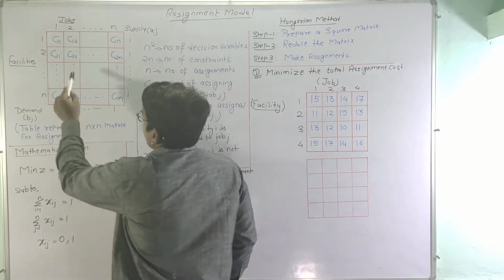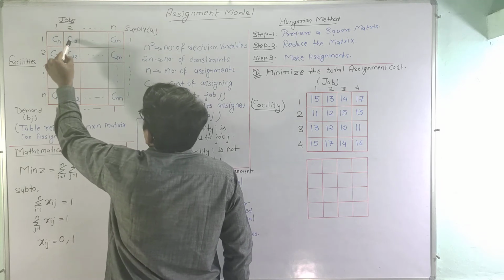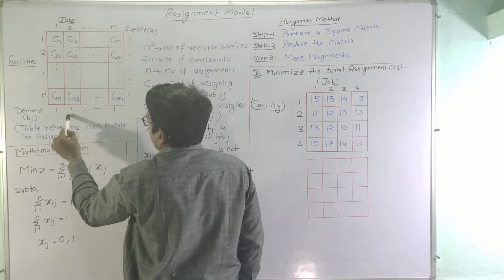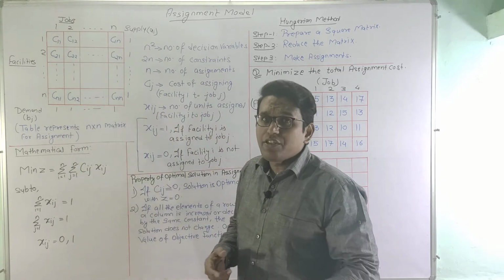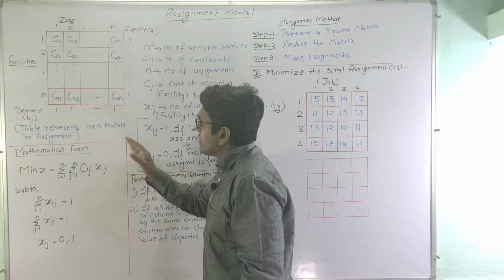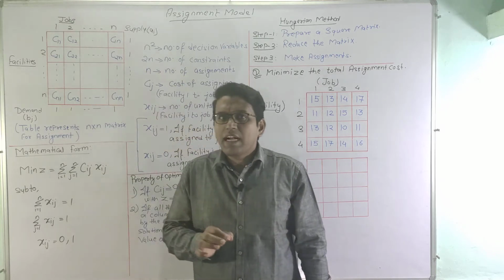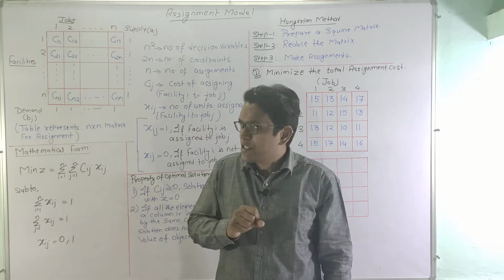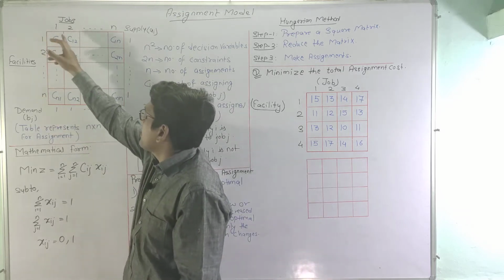So here every time we allocate in any cell, it fulfills the supply as well as demand, which leads to degeneracy. And in the transportation model, we know that we must have m plus n minus 1 independent allocations.